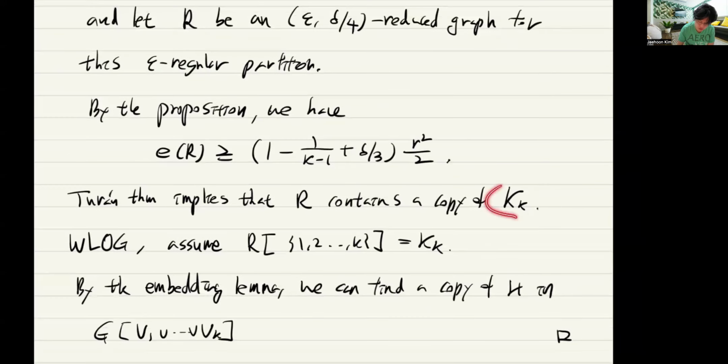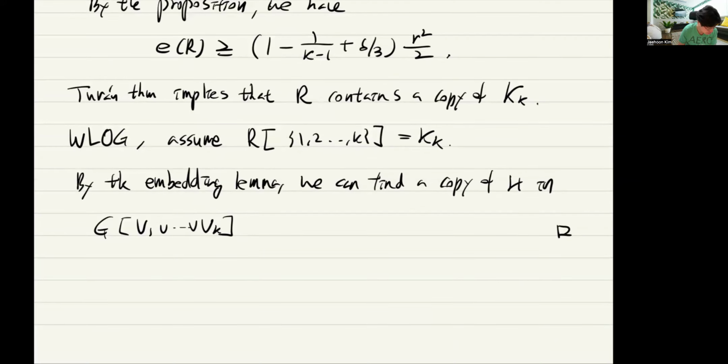Because as long as you find a copy of K_k in the reduced graph, then the embedding lemma allows you to find any reasonable k-partite graph in your original graph G. And while you're converting the original graph to R, the decrement of the number of edges is not big. So essentially, finding such a copy in G and R are almost equivalent. And in R, you only have to find K_k instead of the k-partite graph H.